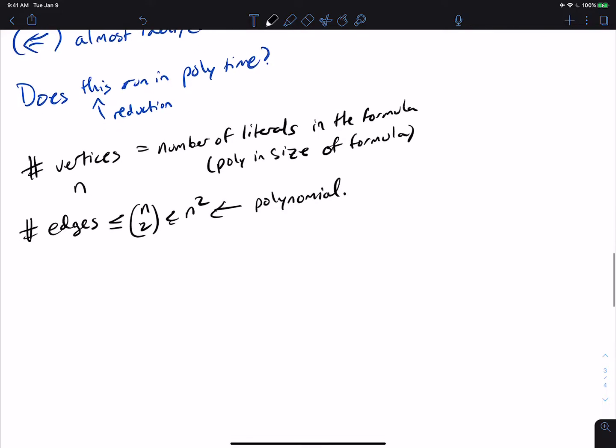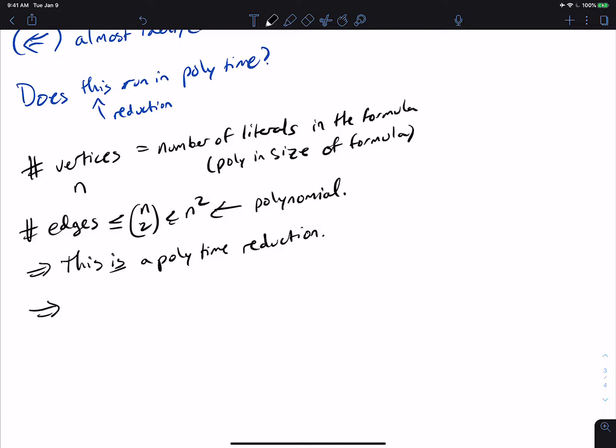And so therefore, the size of the graph that we have made is polynomial in the size of the original formula. So therefore, this is a polynomial time reduction. Pretty cool.